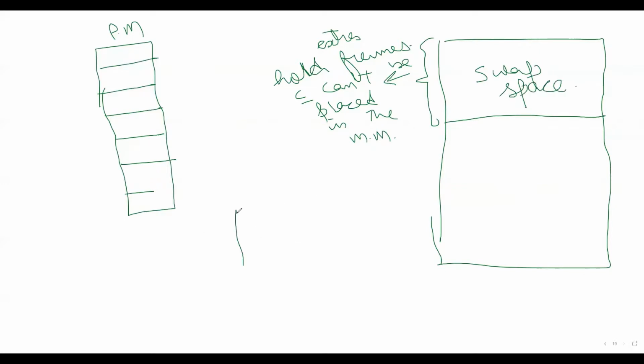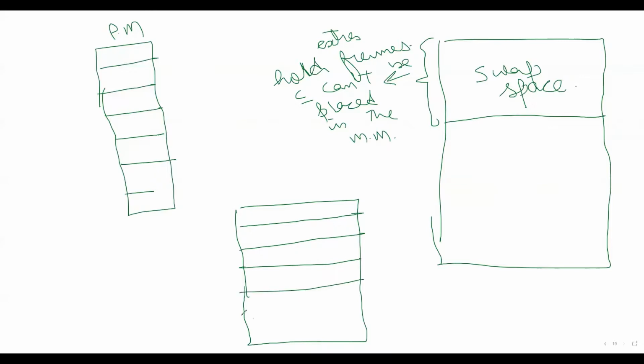Now we have a page table. This is our single level page table, and we know it is indexed by a page number. There is a possibility that this particular frame is not available in the primary memory, so it is available in the swap space, because there was no space available in the primary memory.